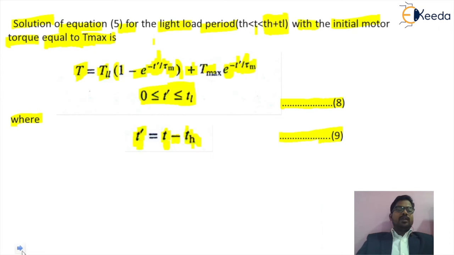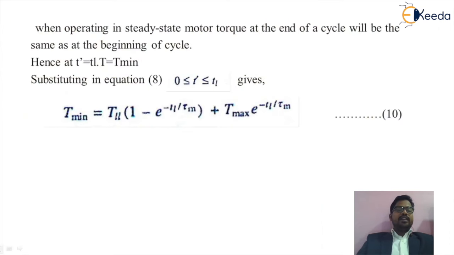From that equation we get the next equation. When operating in a steady state, the motor torque at the end of the cycle will be the same as at the beginning of the cycle. Hence T dash is equal to TL, that is light load, and T is equal to T minimum.